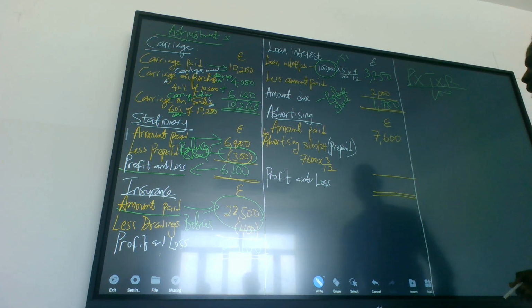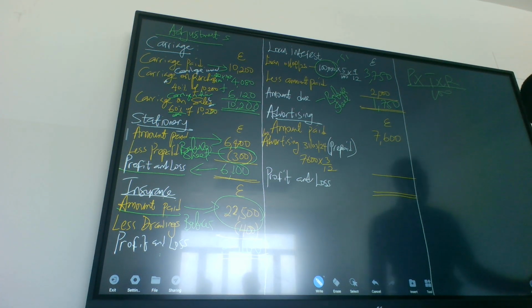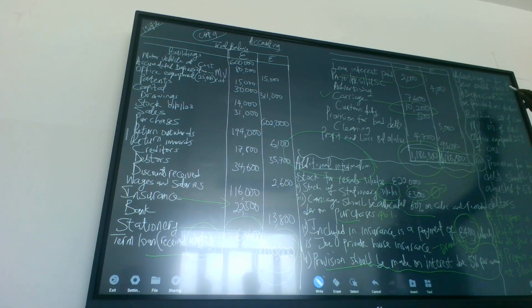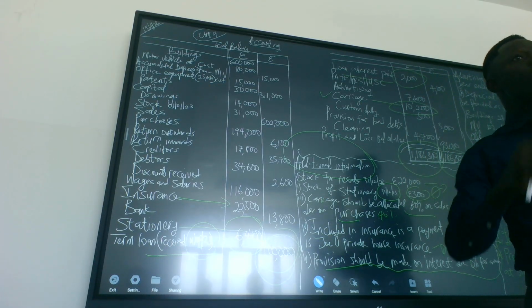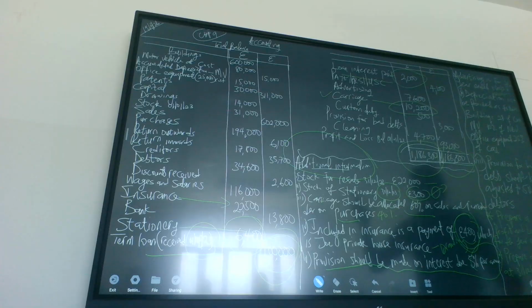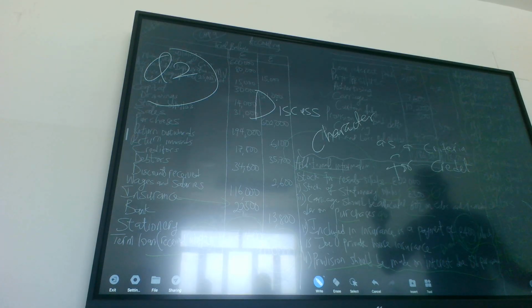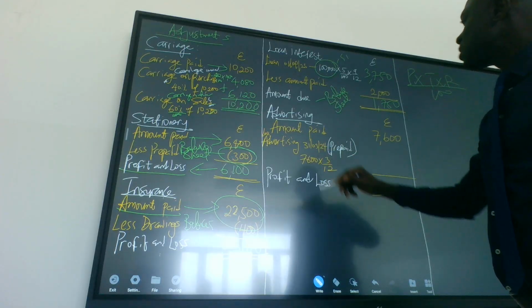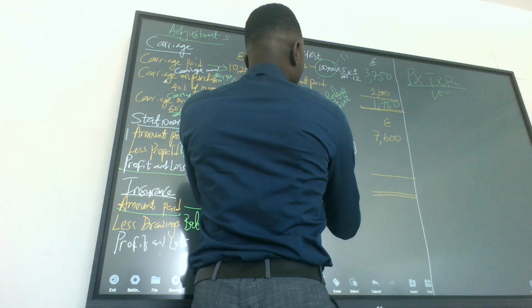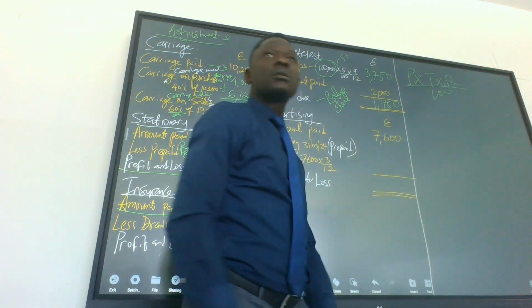Now we have advertising. For advertising, we go back. We said amount paid. Let's look at advertising. Advertising is for the year ended 31/3/24. We have from January to December. That's January, February, March, which is 3 months. Yes or no? So it's going to be 3/12. For advertising, it's going to be 3/12 multiplied by the total amount spent.